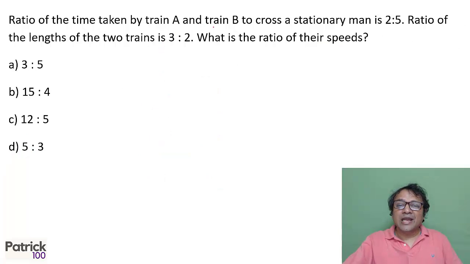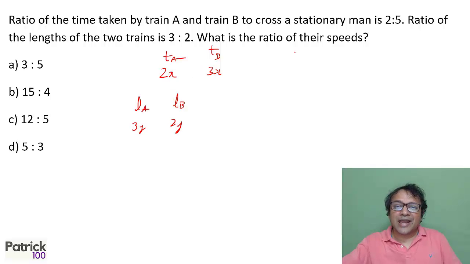The ratio of time taken by A and B to cross a stationary man is 2:5. So you can take 2x as the time and 5x as the time for A and B. And the ratio of the lengths of the two trains is, let's say, 3y and 2y.